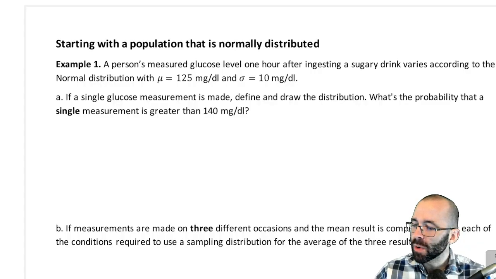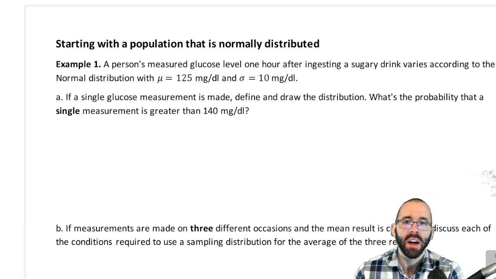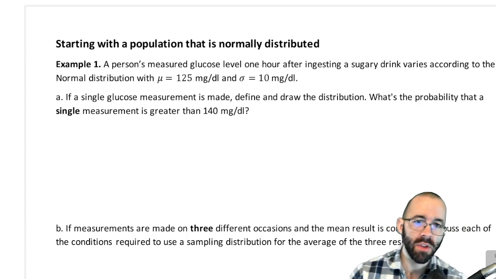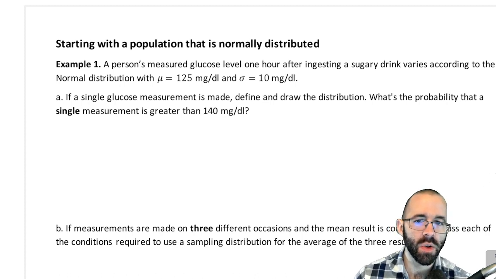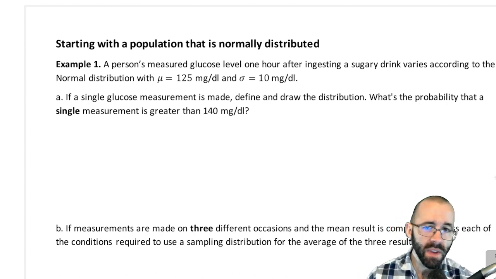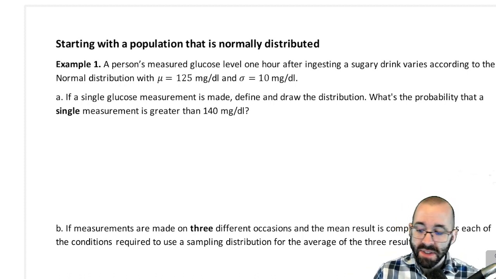We're gonna do some more about sampling distributions, and we're gonna do an example. A person's measured glucose level 1 hour after ingesting a sugary drink varies according to a normal model, with some mean concentration for glucose and some standard deviation.